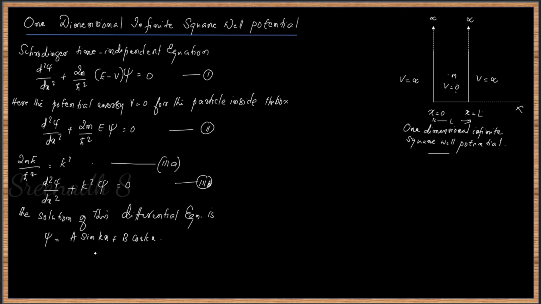The first condition was that the function should have a finite value and vanish at infinity. The second, the function is single valued. The third, the function and its derivative should be continuous. The fourth, the function should be square integrable.